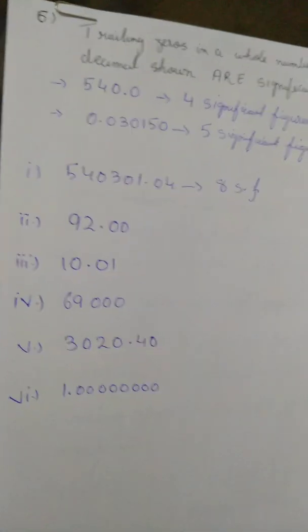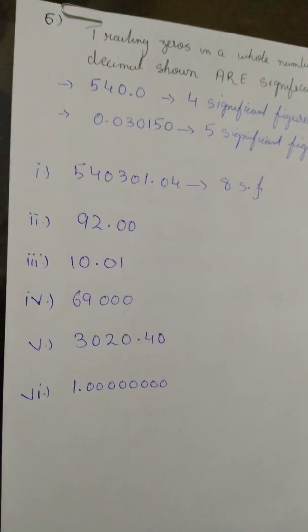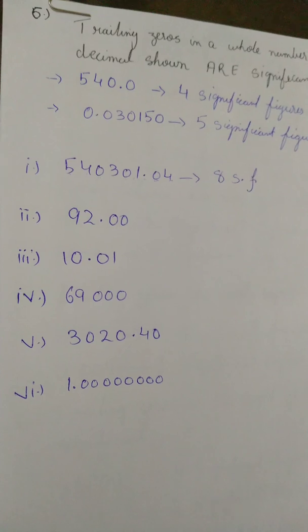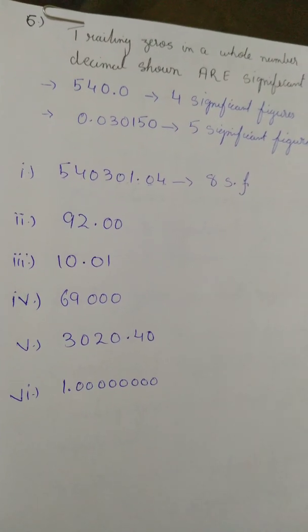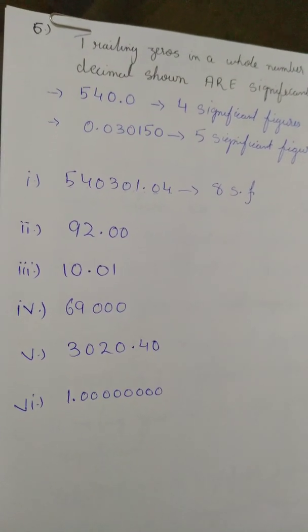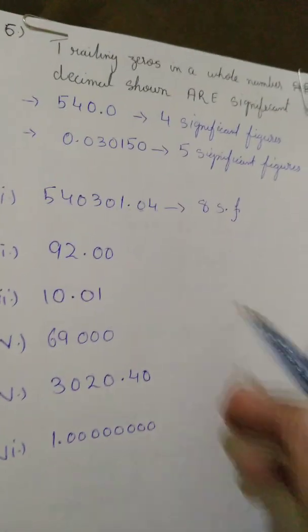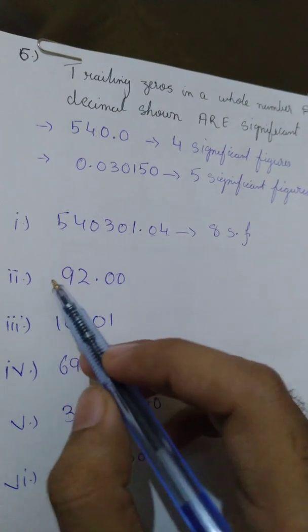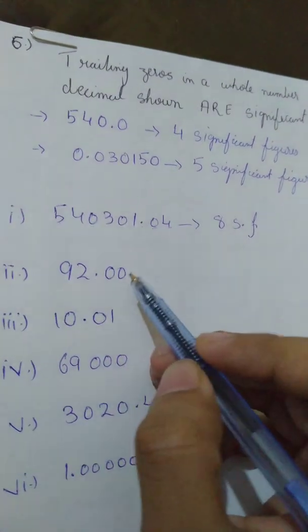Okay, so here I've gathered a few examples. If you want to solve them on your own, you can pause the video and solve them, because I'm just about to solve them now. So let's take example number 2, 92.00.